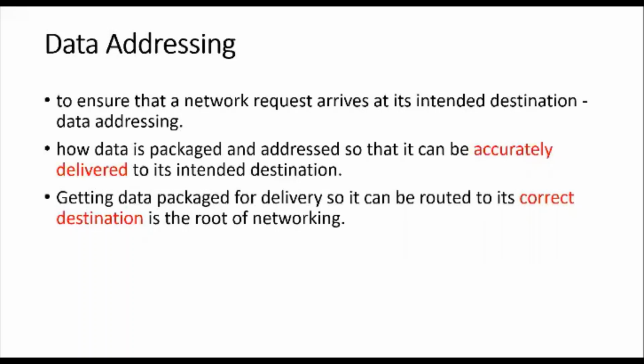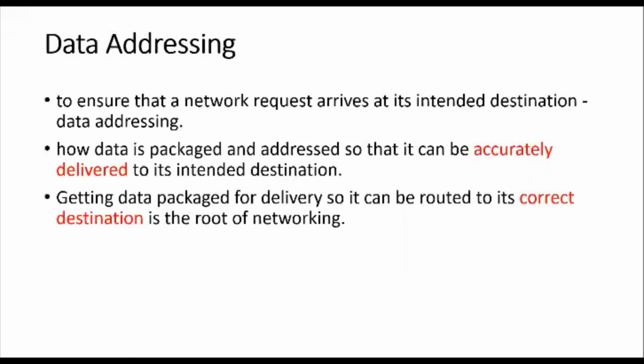We should address the data so that it reaches its intended destination device. Data addressing ensures that a network request arrives at its intended destination without any alteration or modification in the data, and that the data is accurately delivered to the correct destination. This is the actual process of networking.